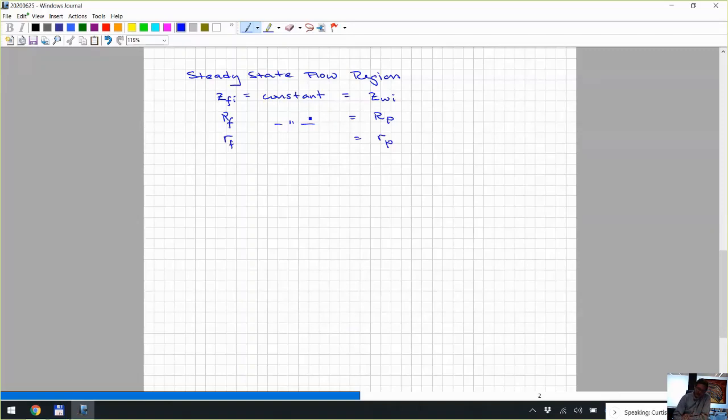In order for that to happen, if we take the well stream composition, that's equal to the flowing gas composition, right? Leaving region 2, entering region 1.